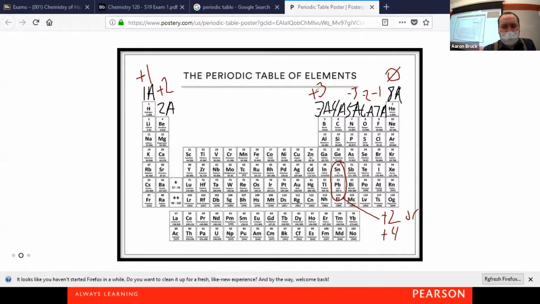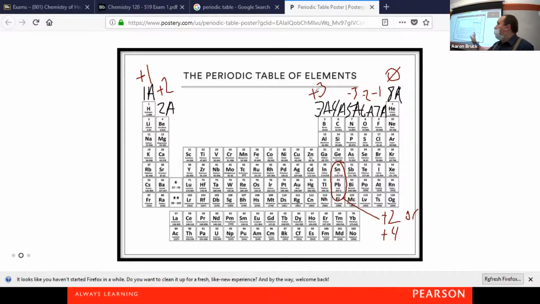And transition metals, one of their unique characteristics is that they can actually have multiple charges. And tin and lead are no different. Tin and lead could either be +2 or +4. But carbon, silicon, germanium, you're not going to see ionic compounds out of any of them, really. They're all going to be covalent for the most part. So we don't even need to worry about charges on those.